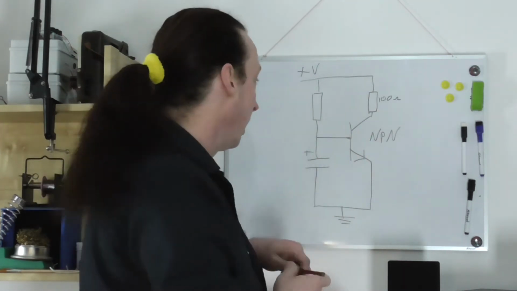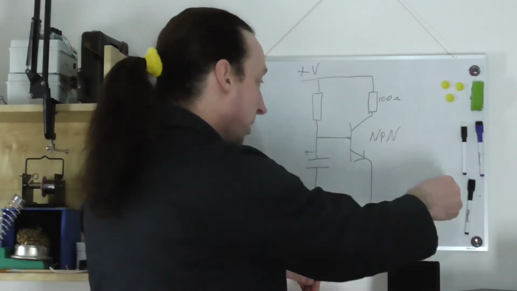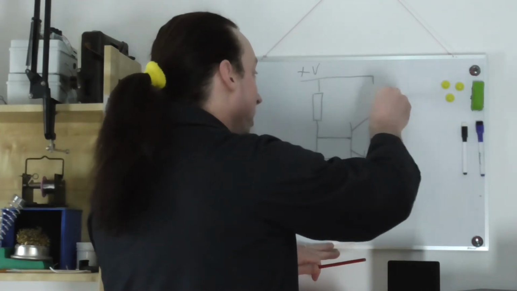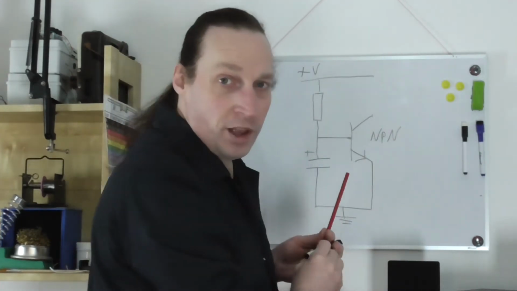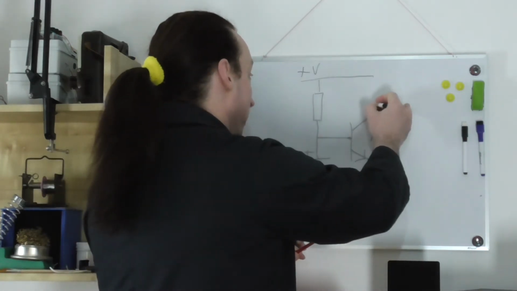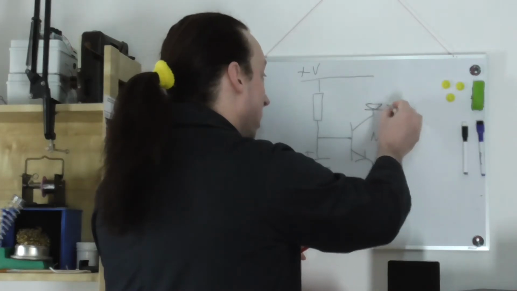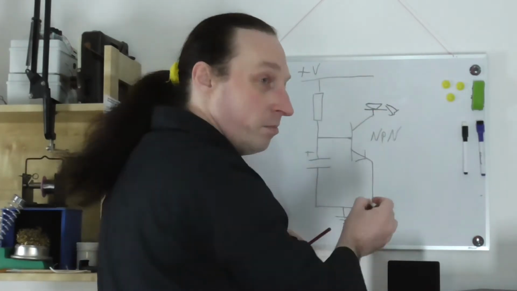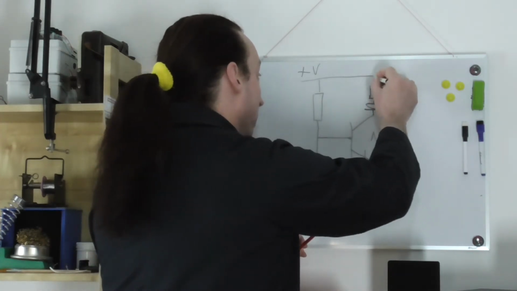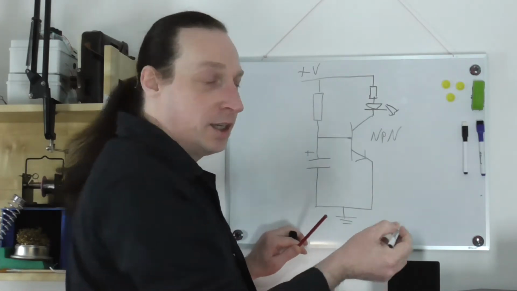I'm going to put, actually that's wrong, because I'm going to put an LED in there. So let me just redraw that bit, because I'll need something to indicate when it comes on, which is going to be my badly drawn LED with a resistor in front of it to make sure it doesn't go bang.